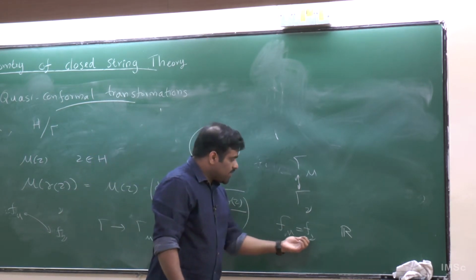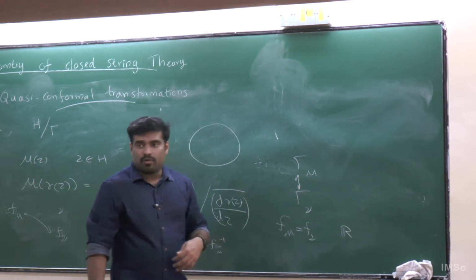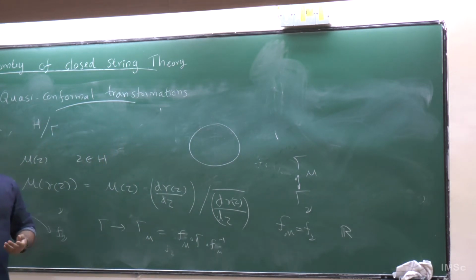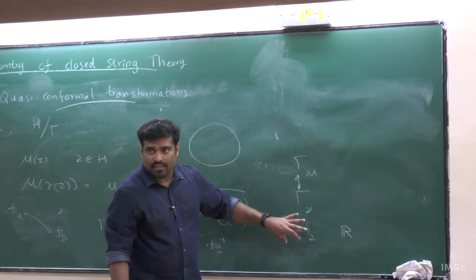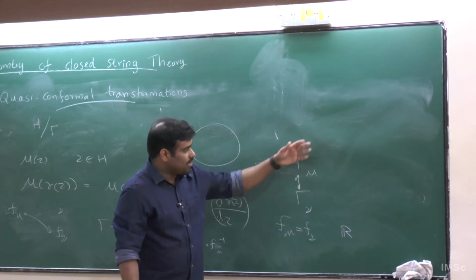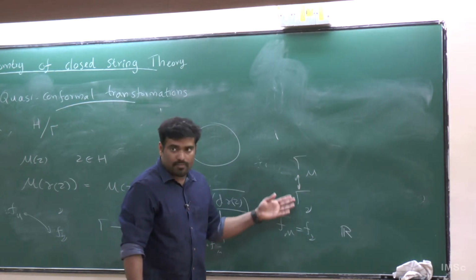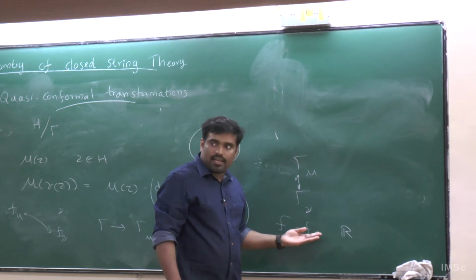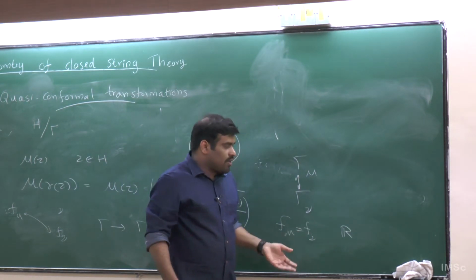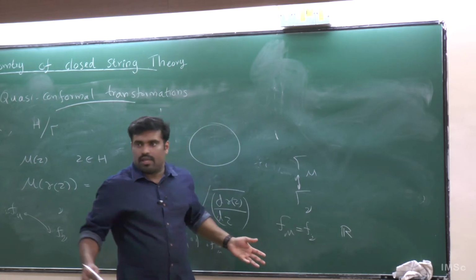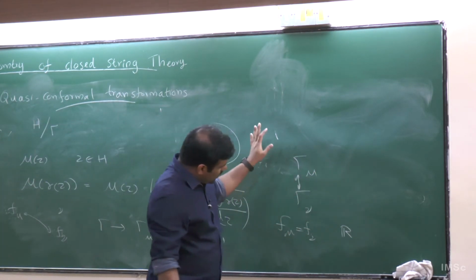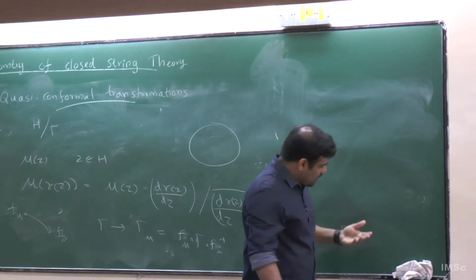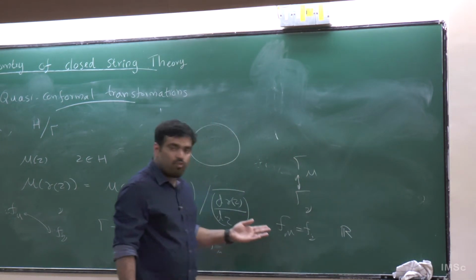So whenever this condition is satisfied, mu and nu will not provide you different surfaces. This gives you a clear criterion for an equivalence relation. You take the quasi-conformal transformation on the upper half plane and look at its values on the real line. Whenever they are equal, you don't have to think of them as two; they are actually the same. Now this statement can be converted into a more useful form.